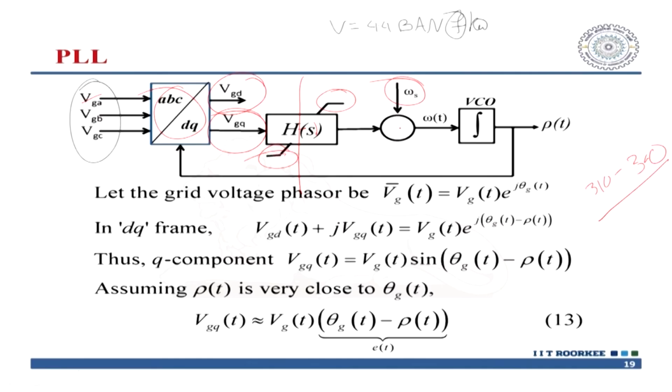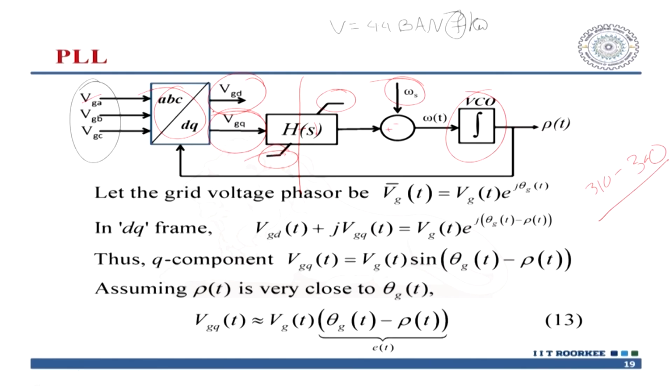So, you subtract with the omega s and whatever your generation is. This is essentially, very simply, a unit voltage template. That has to match, and ultimately you integrate the value, and it is called a voltage controlled oscillator, and thus what you get will give the feedback to the conversion.